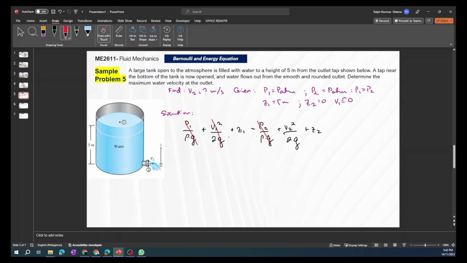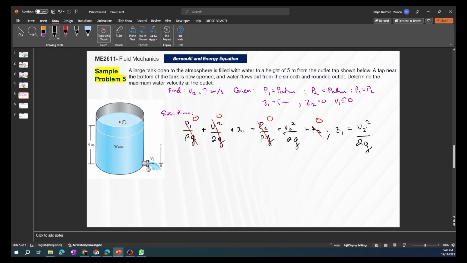At the start, the velocity is really 0. So, 0, 0, and 0. Our Z2 is 0, since that is our reference point. Here we have 5 meters. Okay, so that's 0. And rearranging the equation, we're only left with this formula. Z1 is equal to V2 squared over 2g.